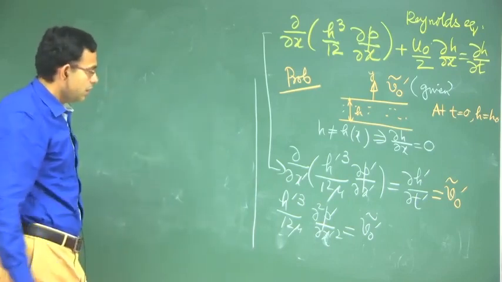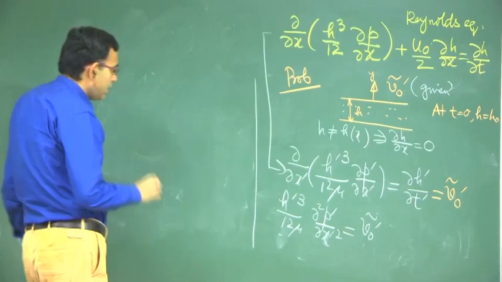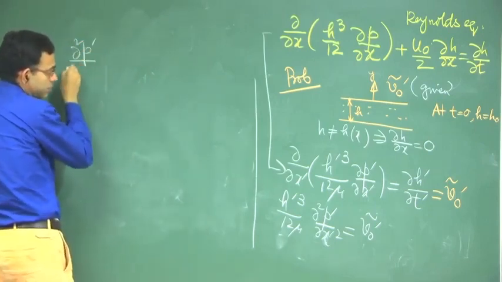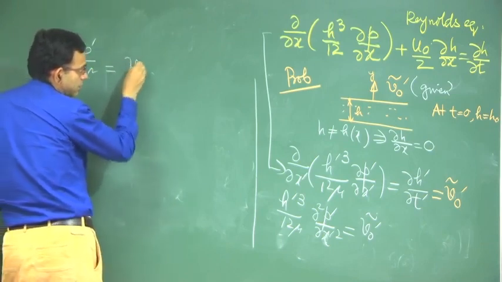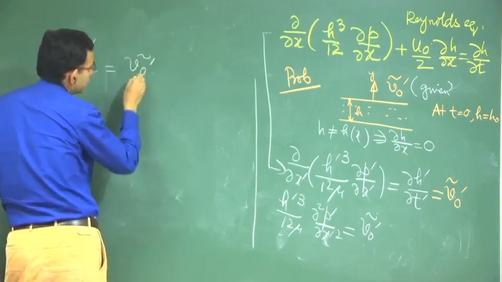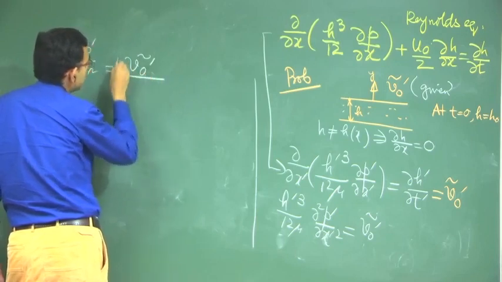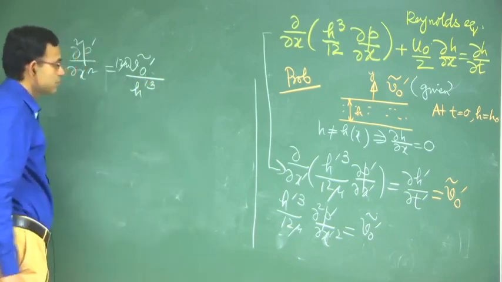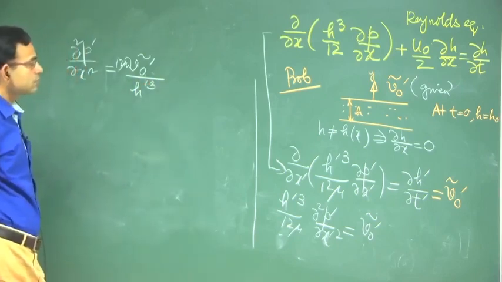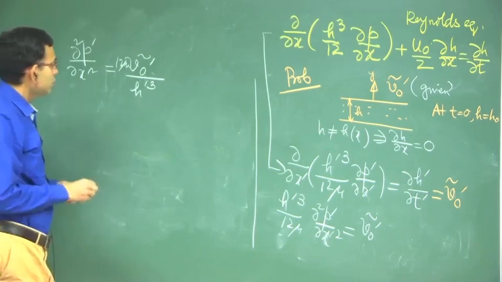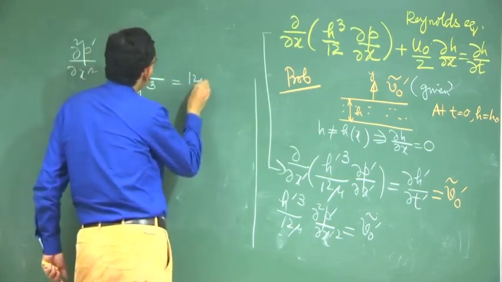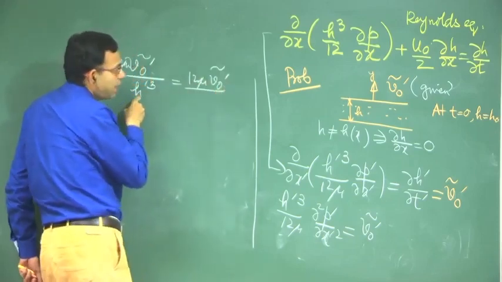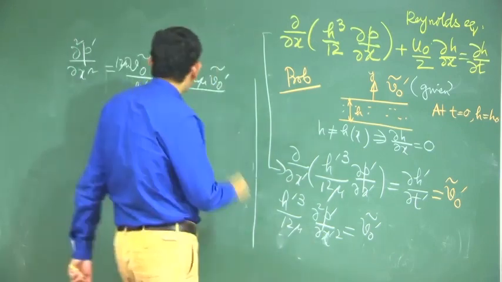So you can write, this is as good as 12 mu. What is h prime?